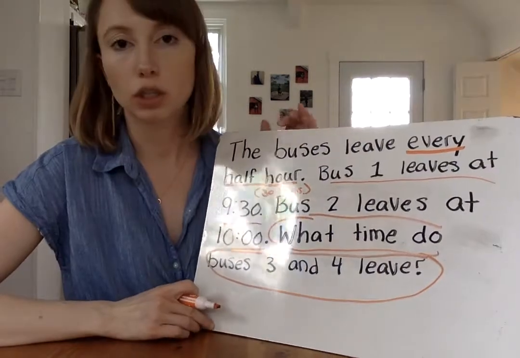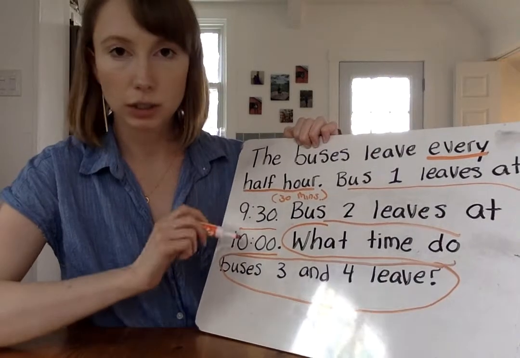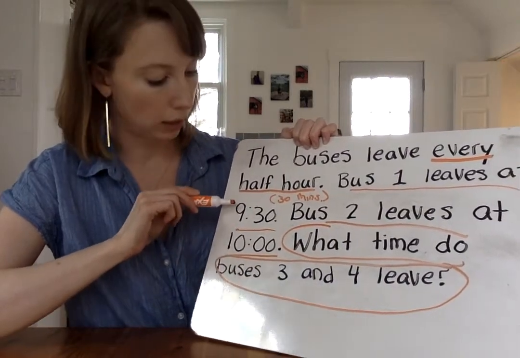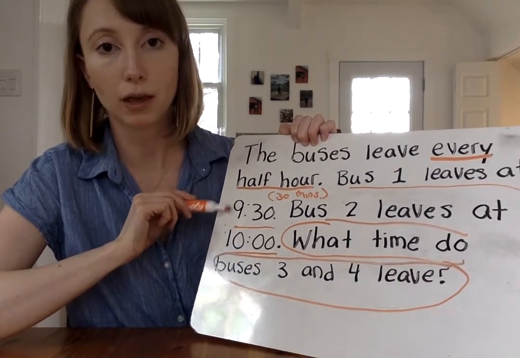So my first question when I look at this problem and I start to make my plan to solve it is how much time passed between 9:30 and 10 o'clock? Take a moment and think about that.